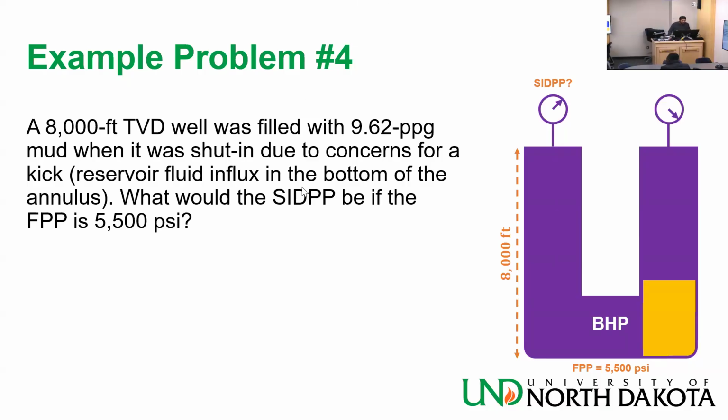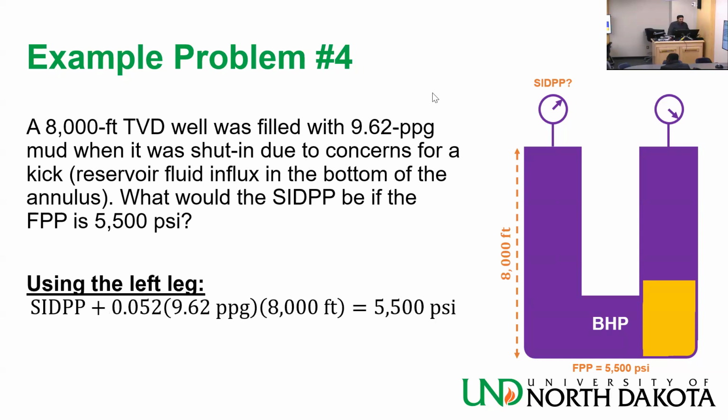Okay, perfect. So this is the equation that I'm going to use. It's SIDPP, the surface pressure, plus 0.052 times 9.62 ppg times 8,000 feet is equal to 5,500 psi. The only thing I don't know is SIDPP, right? So one equation, one unknown, solve it, and you get the answer: 1,500 psi.